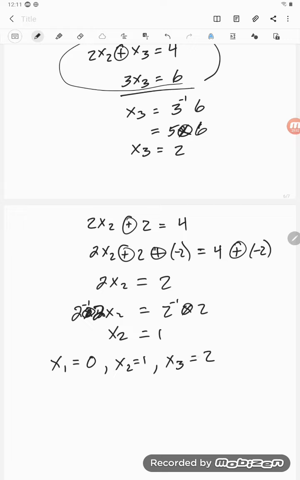Now, if you get fractions, something's very wrong. If you get numbers bigger than your prime number that you're working with, something's very wrong. And I have used these a little bit, not a lot.